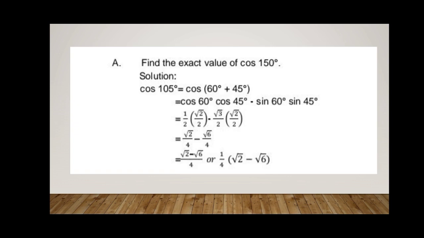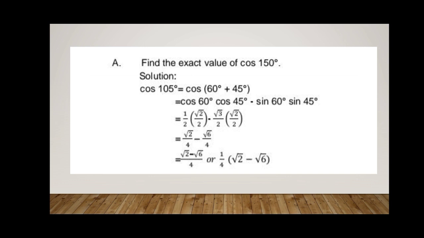For example, find the exact value of cosine 105 degrees. So cosine 105 is equal to cosine of 60 plus 45, which is 105.